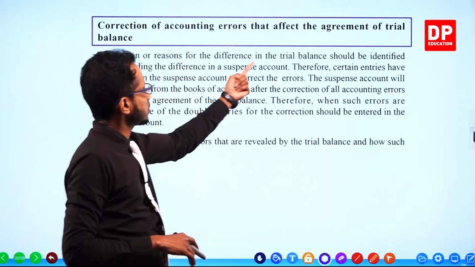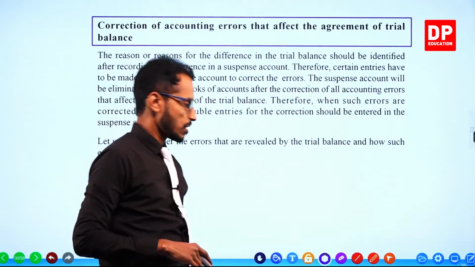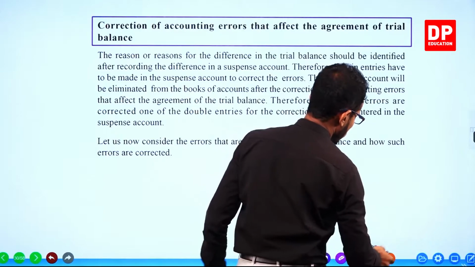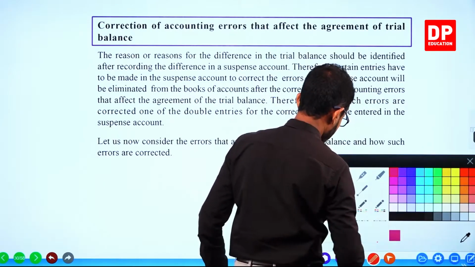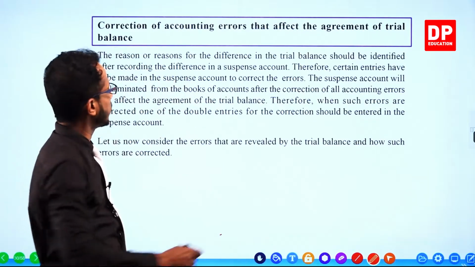Reason or reasons for difference in the trial balance should be identified after recording the difference in the suspense account. The reasons that created the suspense account must be identified.